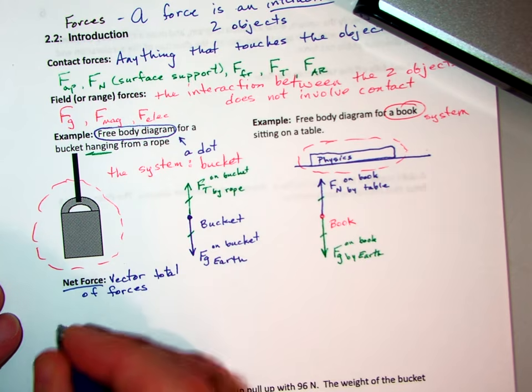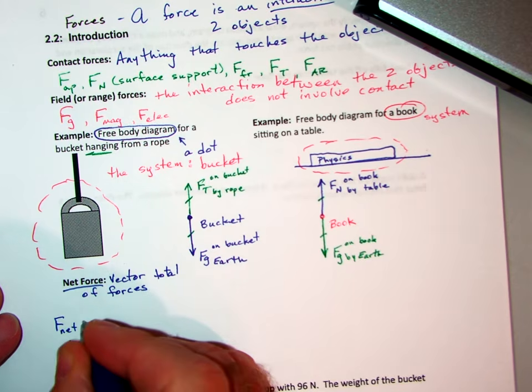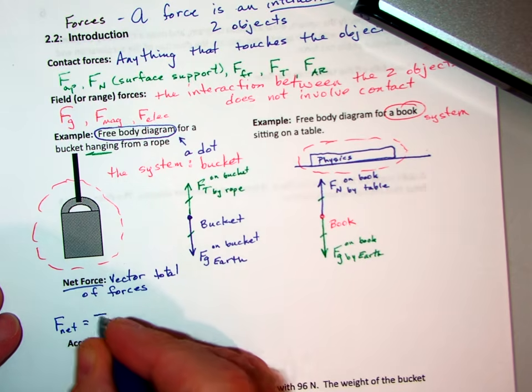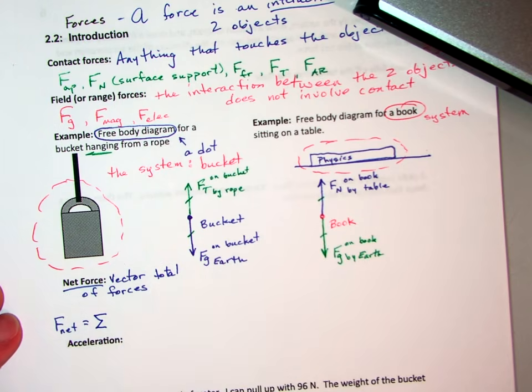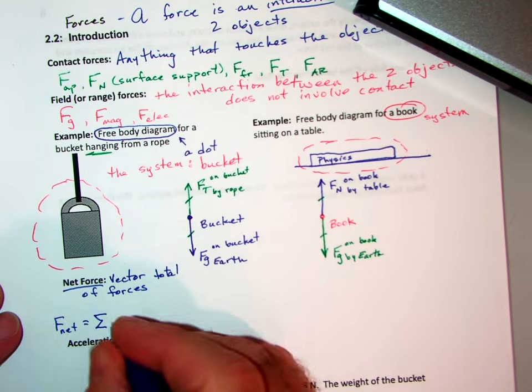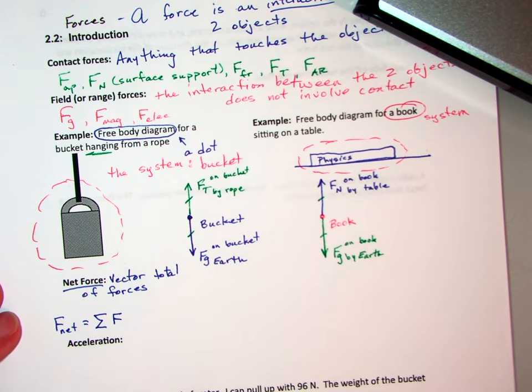Sometimes you will see this written as F subscript net. It is also sometimes written as the Greek letter, a capital sigma. So sometimes it is written as sigma F. That is the sum of all the forces.